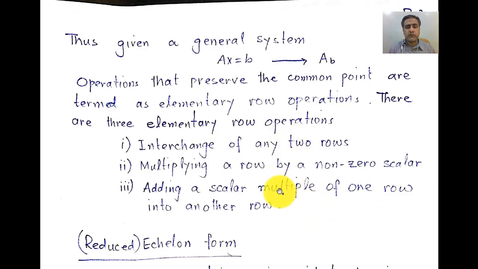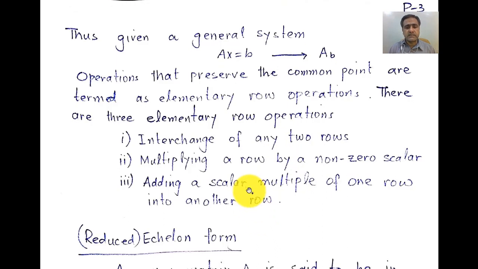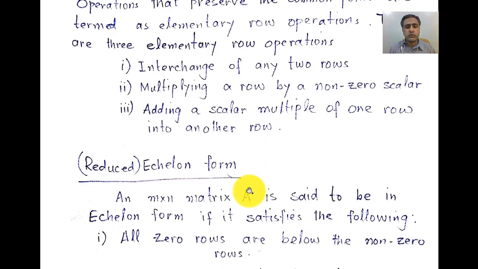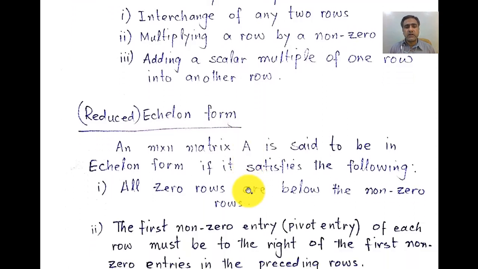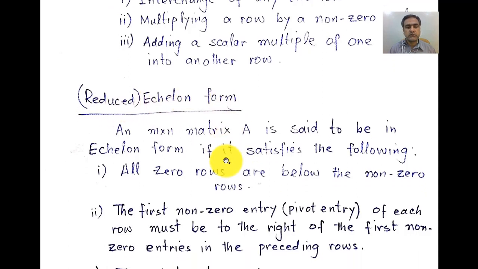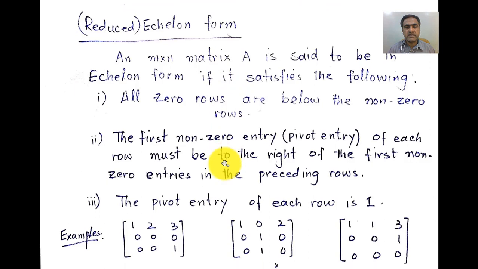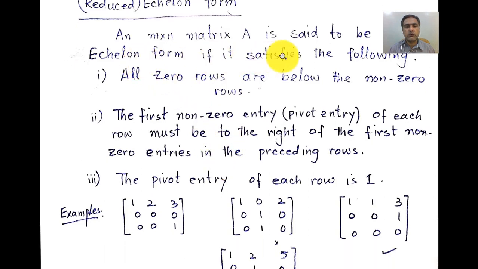Now, once we perform these operations, there are two forms which are very relevant to a system. The two forms of the matrix which are very important are known as the echelon and reduced echelon forms of matrices. So, an M cross N matrix A is said to be in echelon form if it satisfies the following properties.